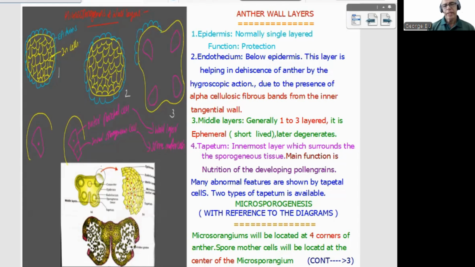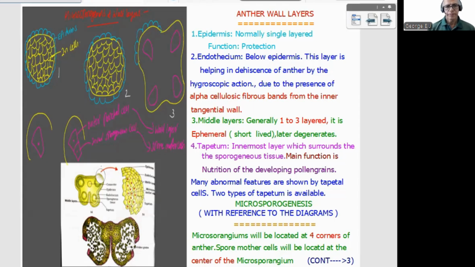From the parietal layer, wall layers will be formed. The sporogenous layer will be producing microspores after meiosis. This is how it takes place.